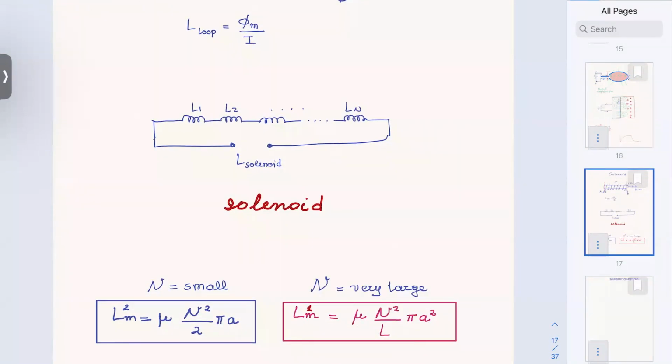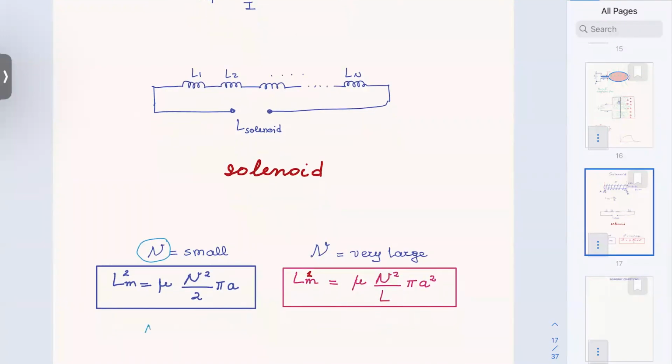One, when the number of coils is relatively small. And what does that really mean? That n can take the values of, say, 2, 3, 4, up to 10. And then we got this formula. And then we got also another one where n can take very large numbers, for example 50, 60, and so forth, up to 1,000.